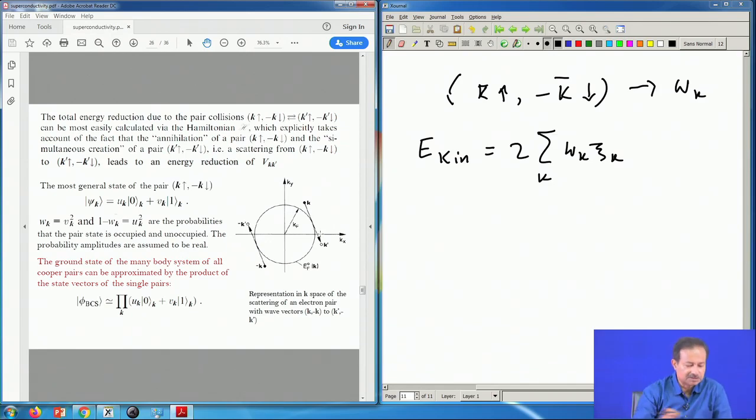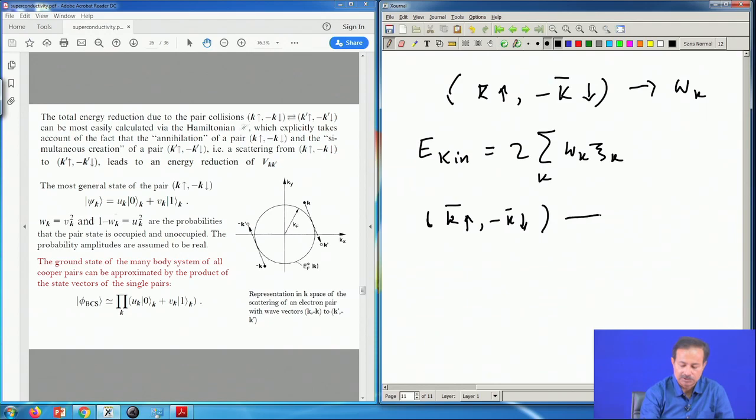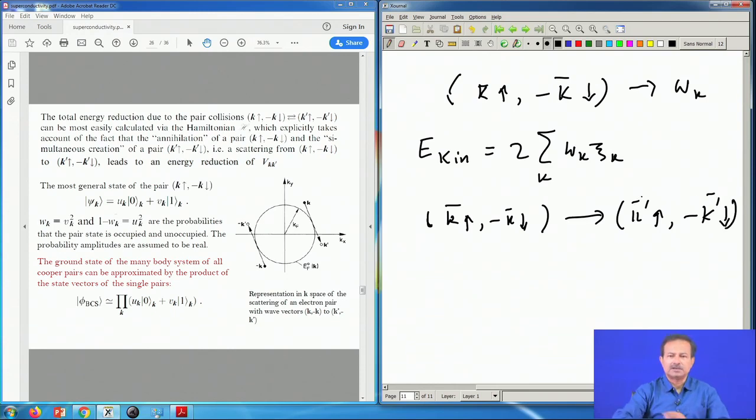So, then the total energy reduction will happen due to these scattering processes as we just saw, k up, minus k down going to k prime up, minus k prime down states. Okay. And there are zillions and zillions of such scatterings going on, and the total energy will get lowered.